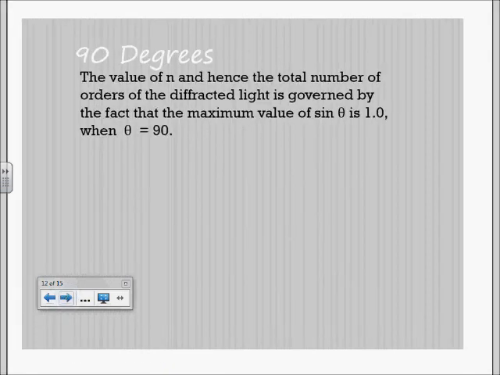The other thing just to think about too with this formula, n lambda equals d sine theta, is that sine theta, or theta, can't get above 90 degrees. And if theta can't get above 90 degrees, sine theta cannot become larger than 1. And so there is a limit to how many maxima you will see before you run out of angles.